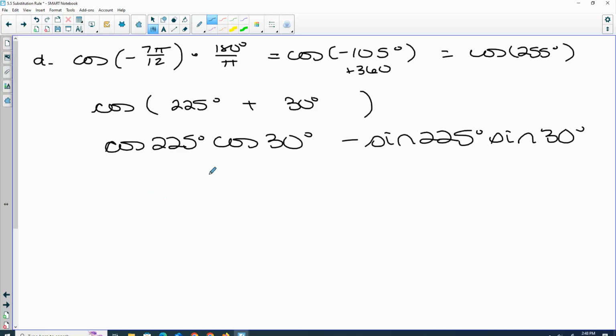Okay, what quadrant is 225? Reference angle 45. So in quadrant 3, is cosine positive or negative? And what's cosine of 45? Alright, cosine of 30.